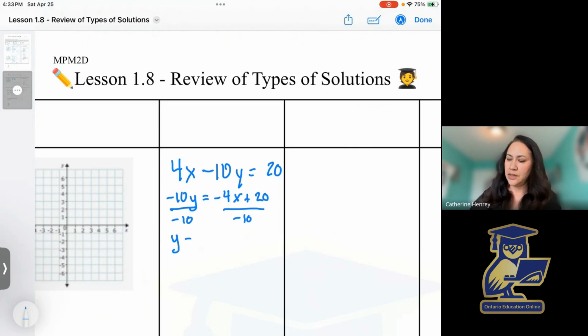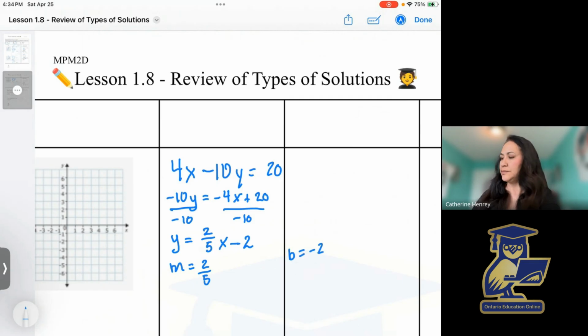So y here is equal to negative 4 divided by negative 10, which gives me 2 over 5x. And then 20 divided by negative 10 gives me negative 2. So my slope here for this first equation is 2 over 5, and the y-intercept is negative 2.